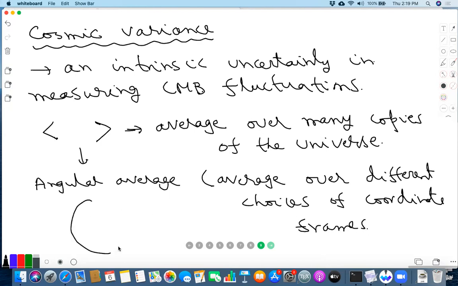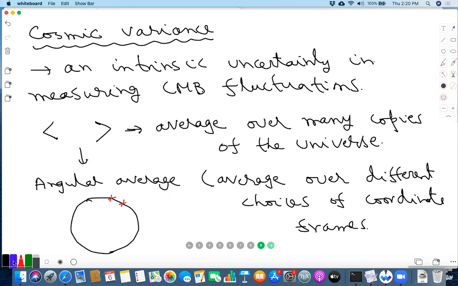So if, for example, we have the last scattering surface, and suppose you are trying to calculate this quantity for a particular angular separation, which also translates to the L values, but to visualize it's easiest to think in terms of angular separation, right? So we take 2 points at some fixed angular separation, we calculate the product.